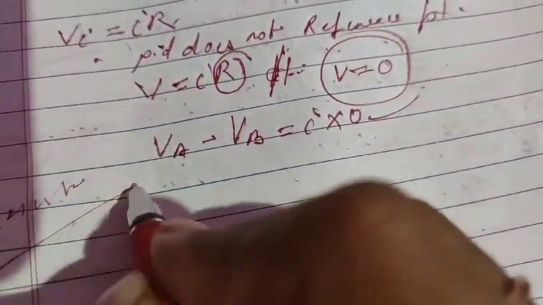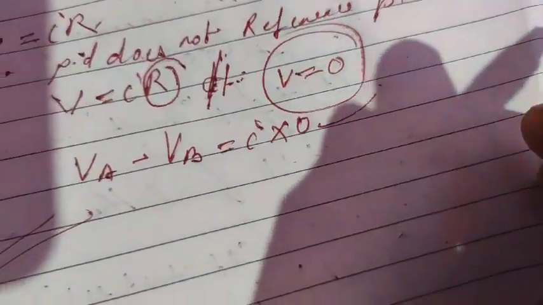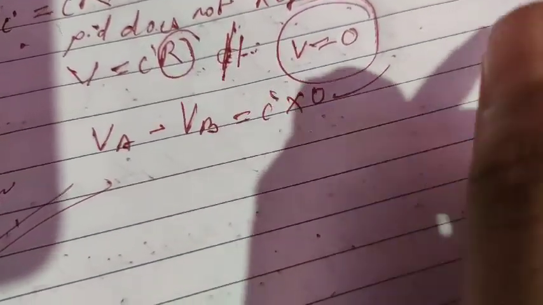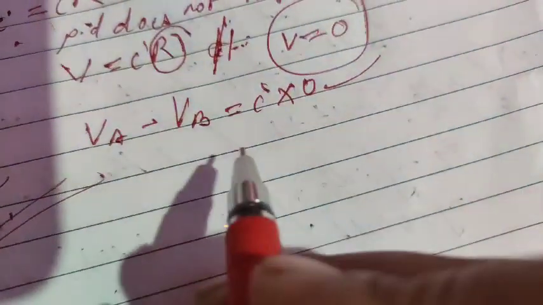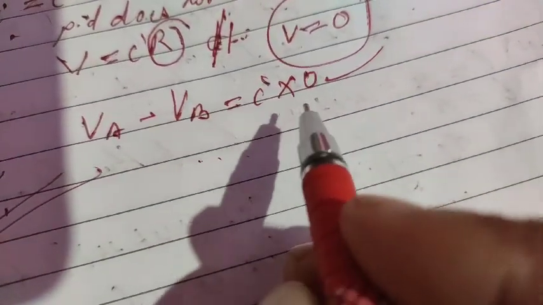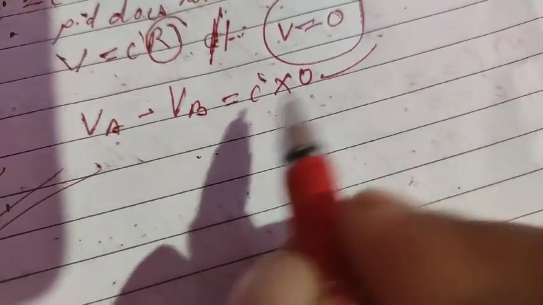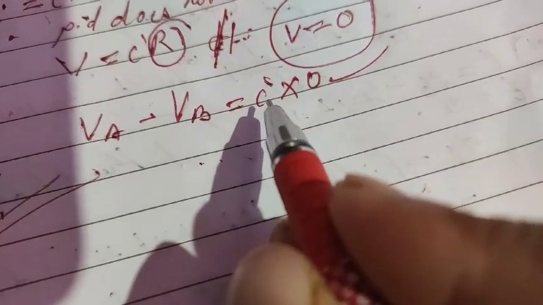When resistance is created, it is the opposition offered to whom? To current. Means what is resistance? Resistance is opposition offered to the current, means it does not allow current to move. So what is happening here?